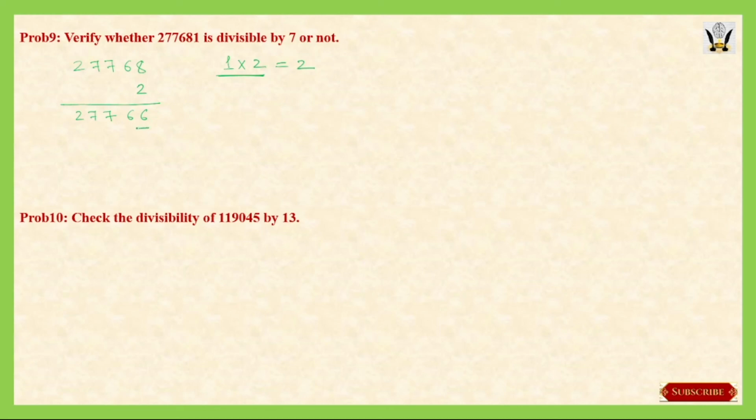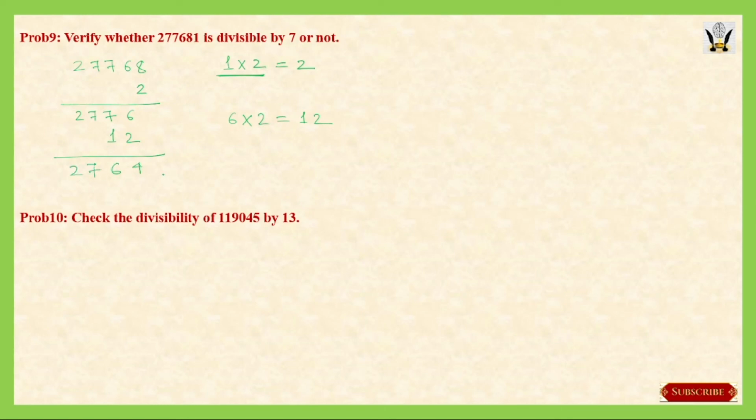The digit at the units place is 6, so we multiply that by 2, and subtract that result from the rest of the number, 2776.